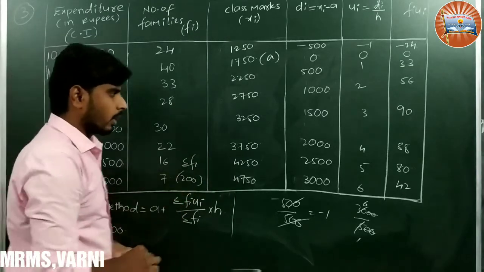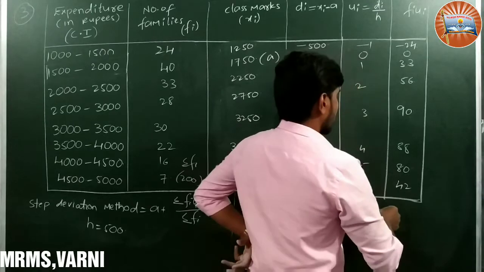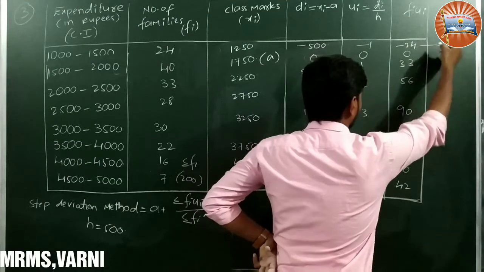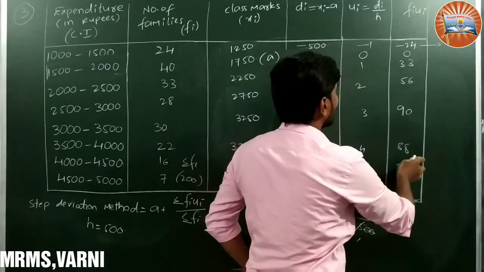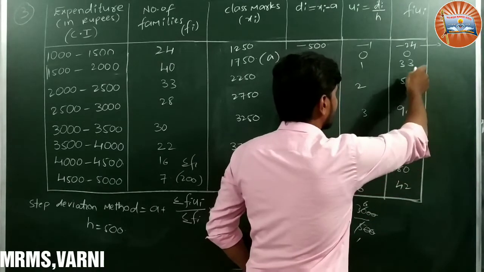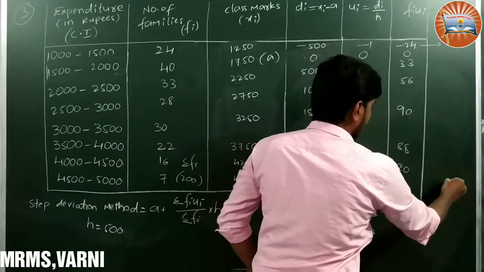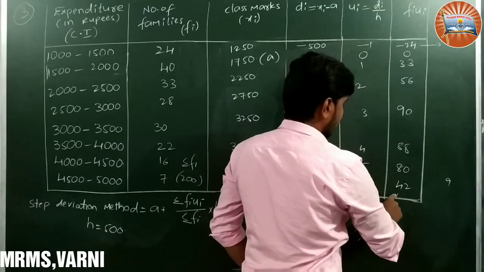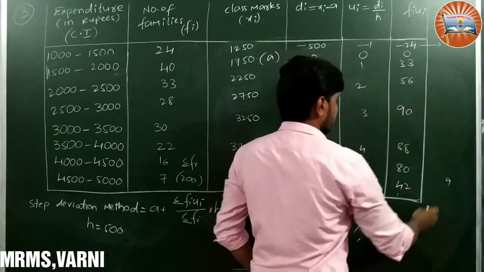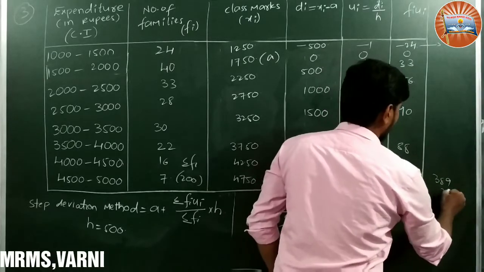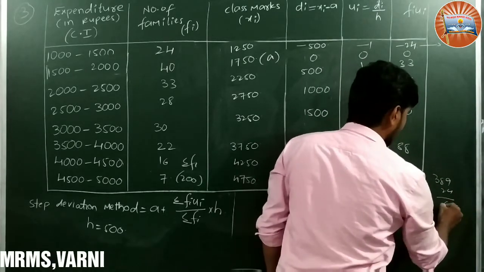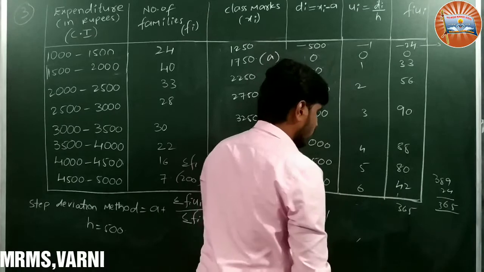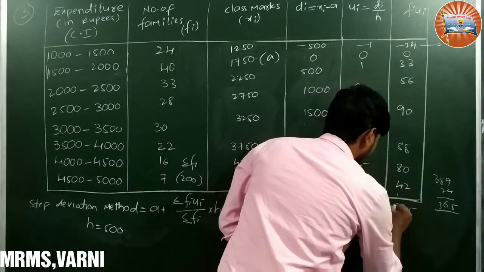Coming to this, the sum of all things, we have to subtract 24. Adding them gives 389, minus 24, so 365 is the sigma fi ui value.